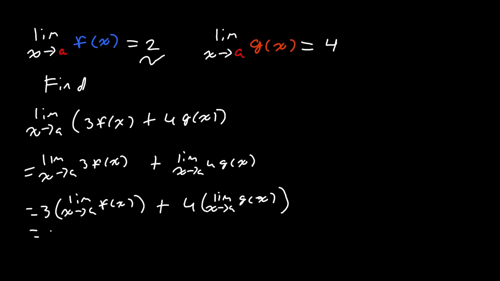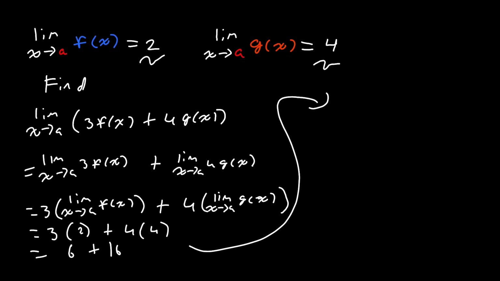And again, we can substitute it, so it becomes 3 times 2 plus 4 times 4 from up here. And so this will be 6 plus 16, which is equal to 24.